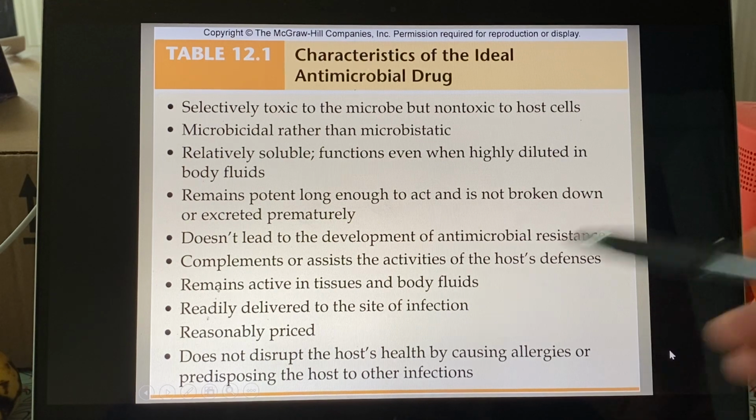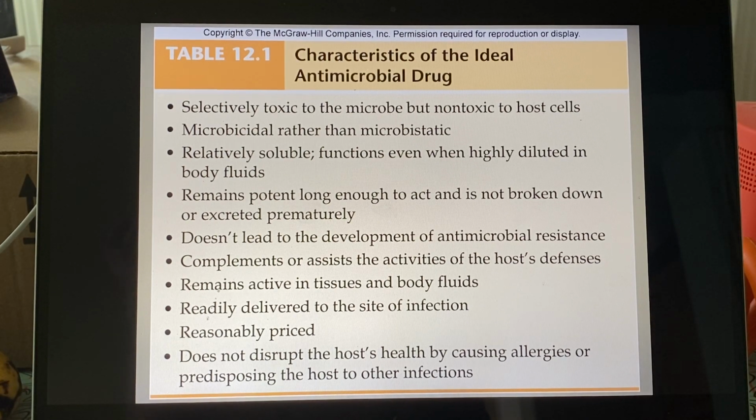We need it to be able to be delivered to the site of the infection, and sometimes that can be tricky. It's why, for example, there are very few drugs that can treat meningitis, because very few drugs can cross the blood-brain barrier. And so that's a hard site to get to when you're trying to get medications over to treat that type of infection.